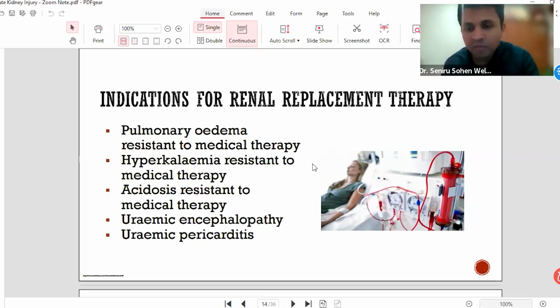Then you will be talking about hyperkalemia. With hyperkalemia, you have to see whether the patient is in a hyperkalemic emergency. So what is a hyperkalemic emergency? Any potassium level that is more than 6.5 millimoles per liter is a hyperkalemic emergency.